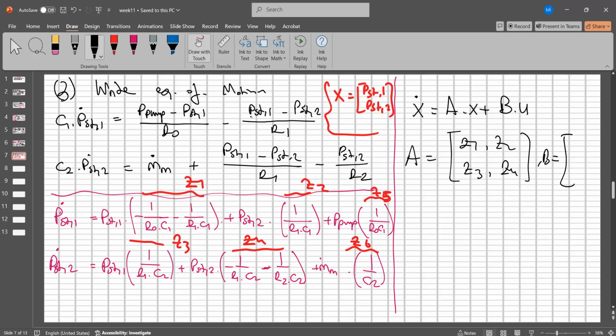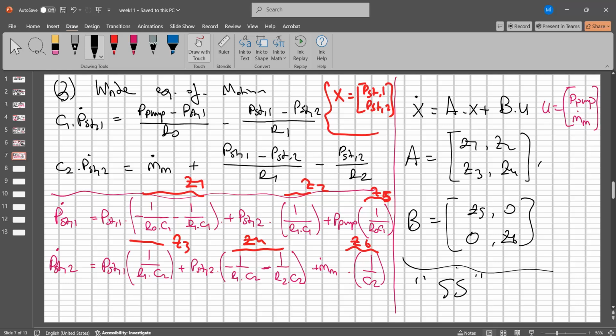Yes, but we need to write 2 inputs here because U is equal to P pump and also M dot M, right? And so the B is equal to Z5, 0, 0, Z6. Okay? These are the state space representations of the R formulations. Okay, that's it. It's so simple, but we need to organize the whole equation based on these terms, right?